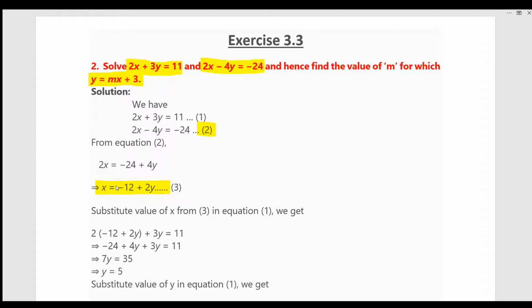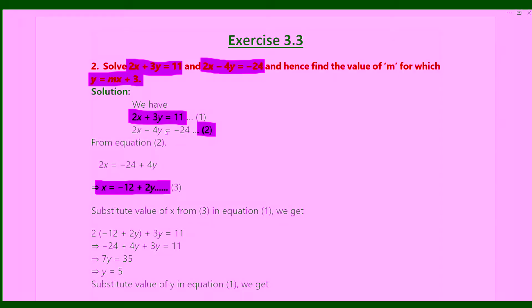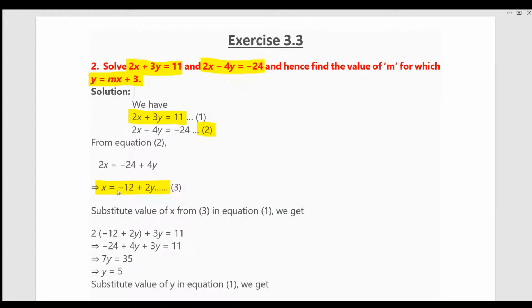Now this value of x we will substitute in equation number 1. We get 2(−12 + 2y) + 3y = 11. Continue solving this equation, you will get y = 5.